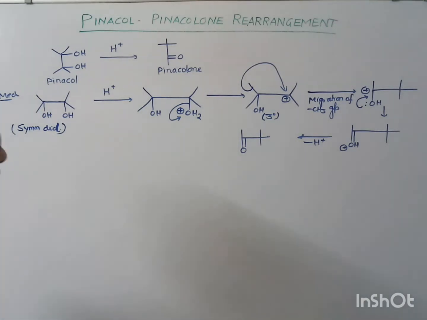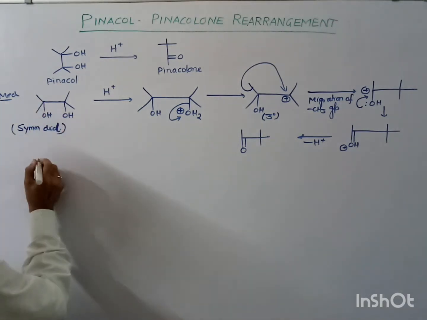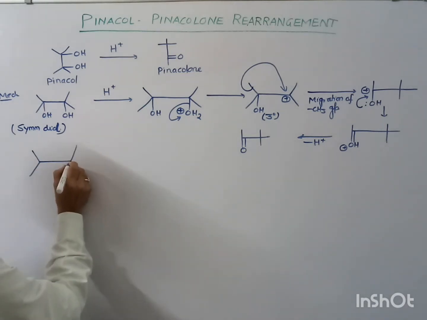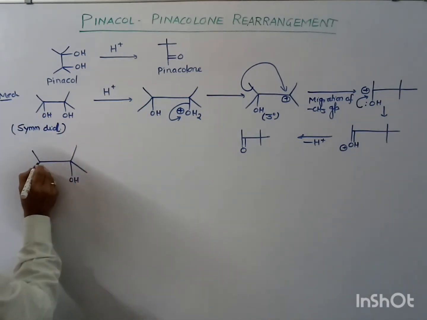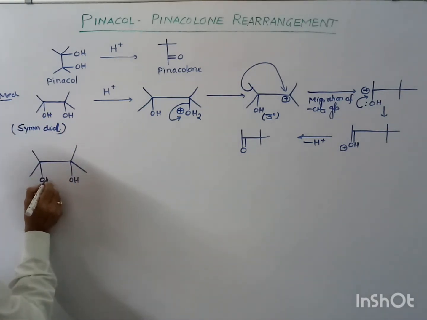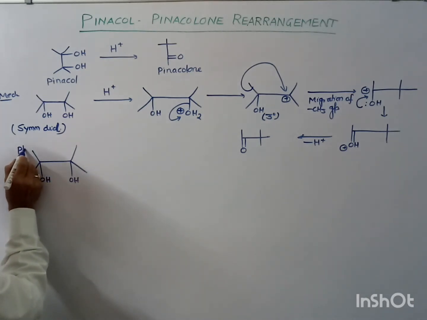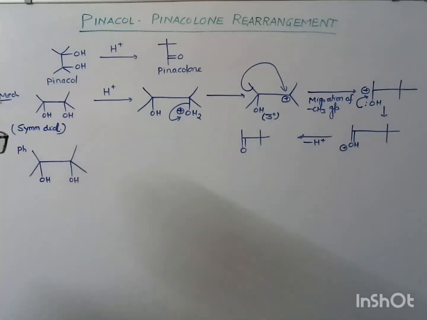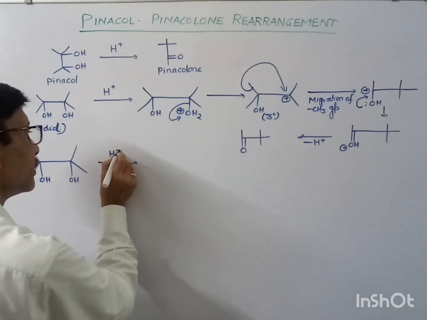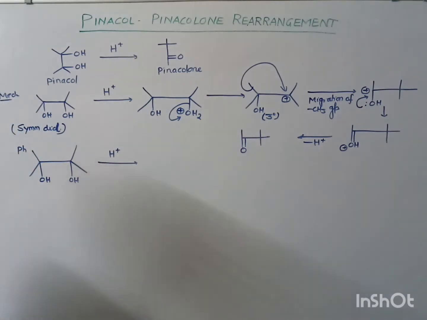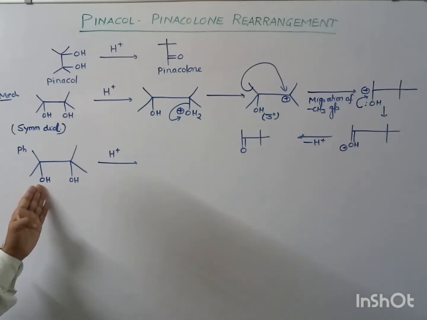Now suppose we have an unsymmetrical diol, and suppose in place of this methyl group, one of the phenyl groups is present over here. In this case, what will happen? Now we have to see which OH group we should protonate, either this one or this one.